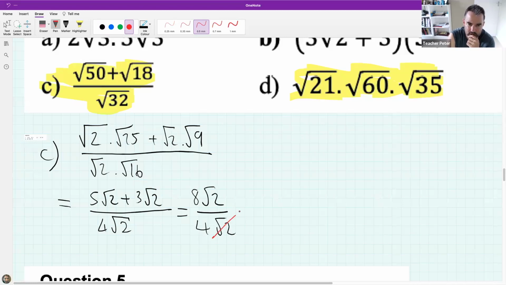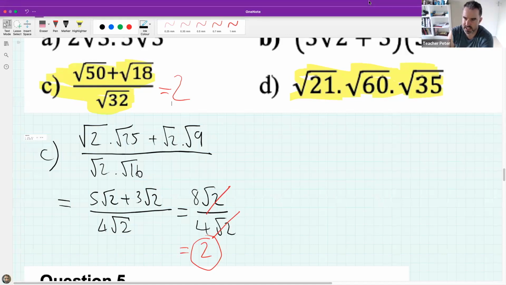And so then this is going to cancel and we get 2. So the answer for C is going to be equal. That whole thing is actually equal to 2. Let's see what we can do with D.